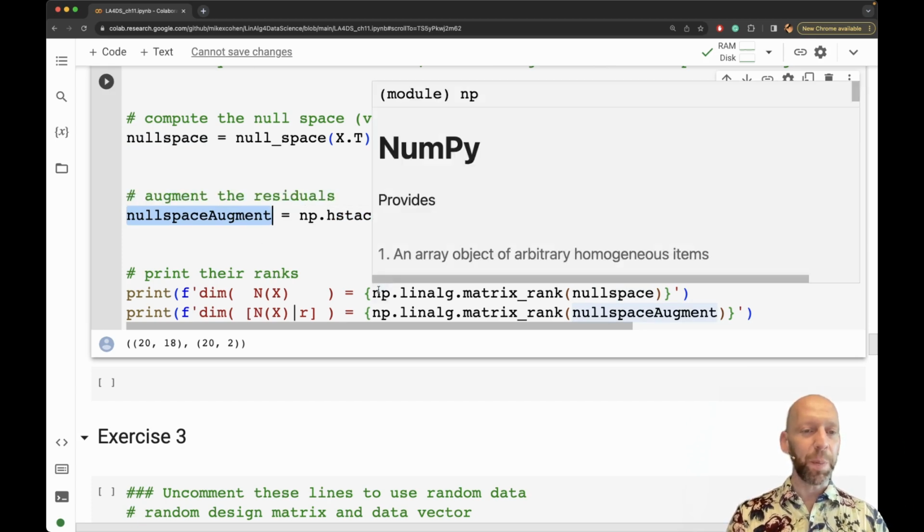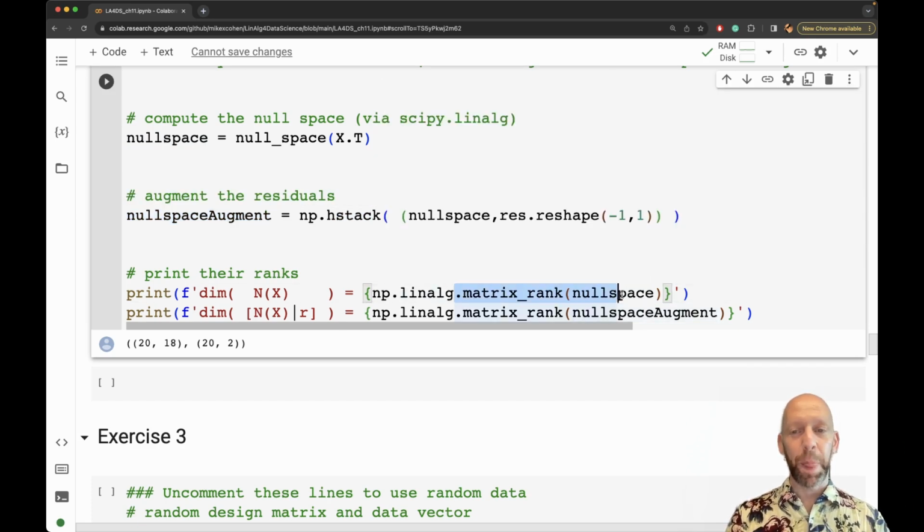And then what I do is compute the rank of the null space matrix and the null space matrix augmented by the residuals. Now, as a reminder, if these two matrices have the same rank, it means that the residuals vector, this augmented vector, is not contributing any new information.